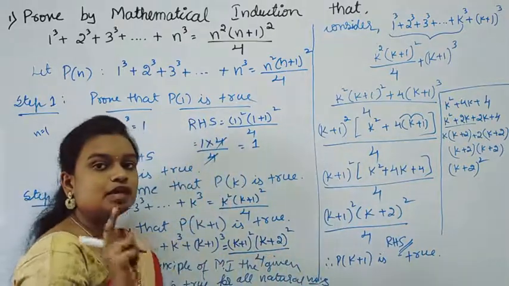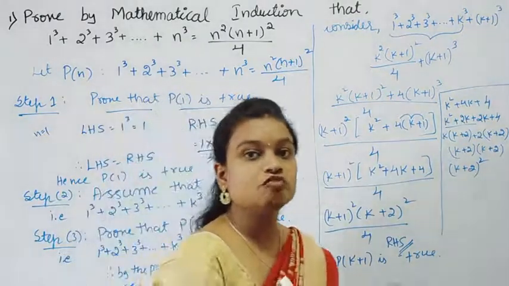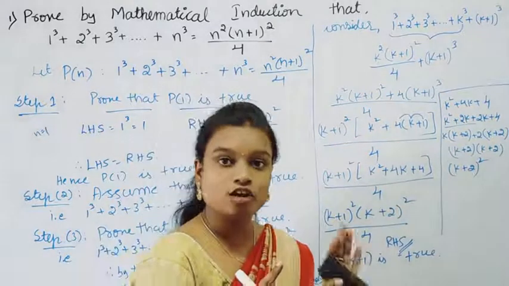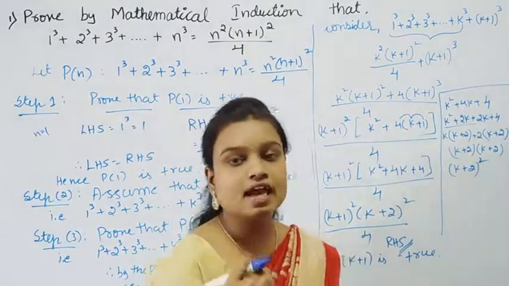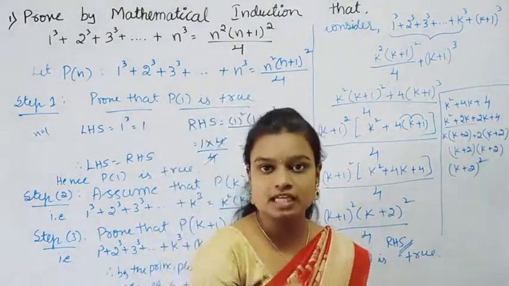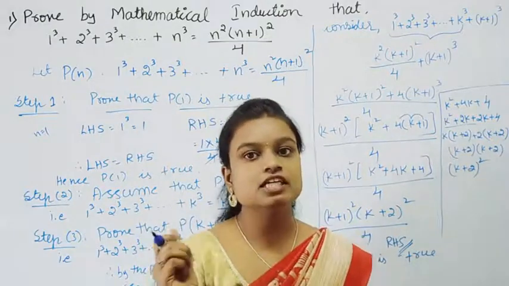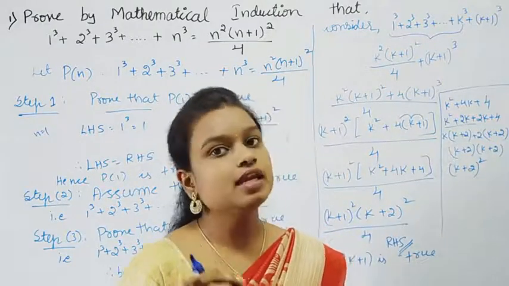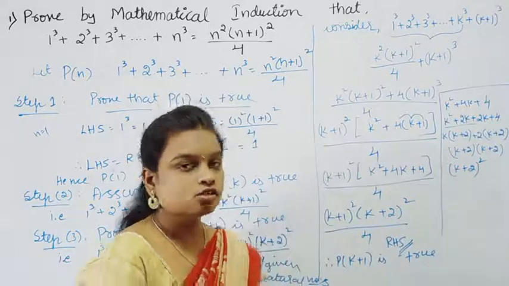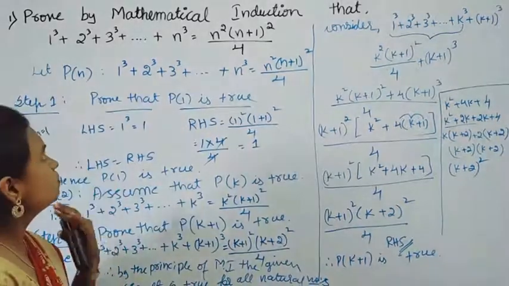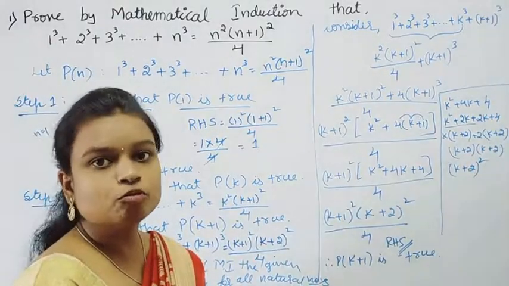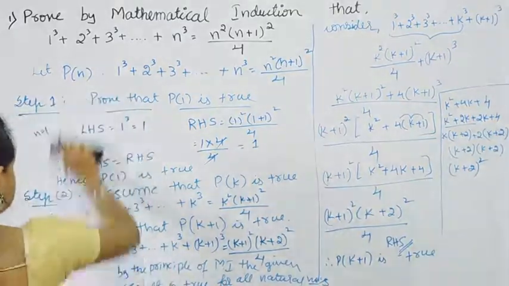Understand? So if all the 3 steps are satisfied or completed, you must write at the end that by the principle of mathematical induction, the given result is true for all natural numbers. So this is for 1 cube plus 2 cube plus 3 cube. Shall we move on to the next one? Okay.